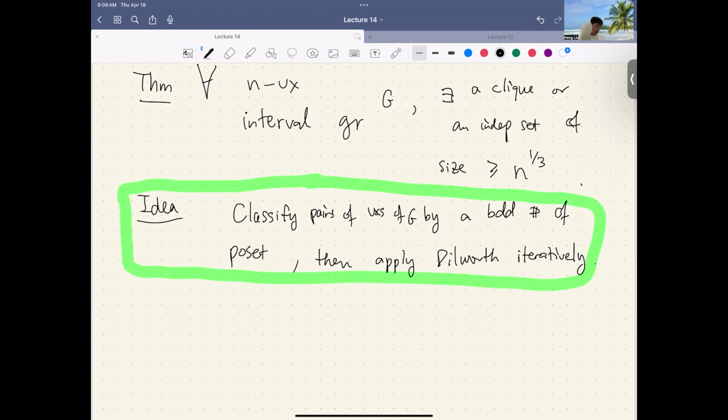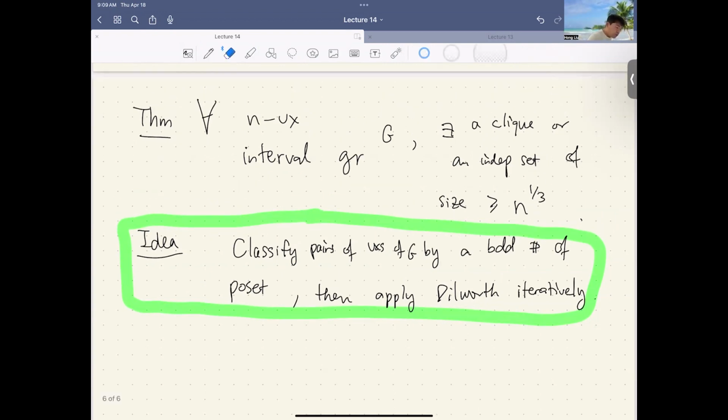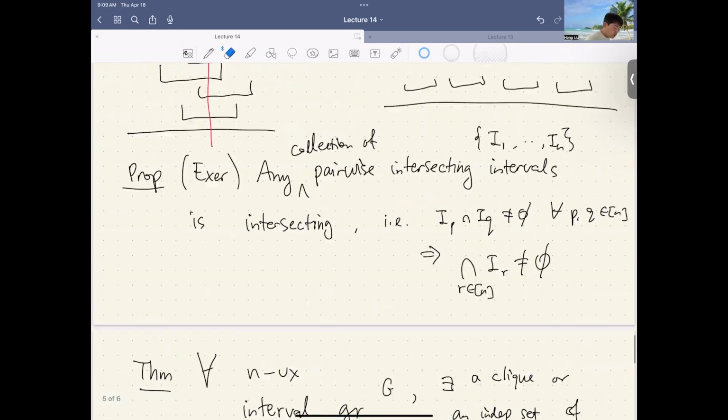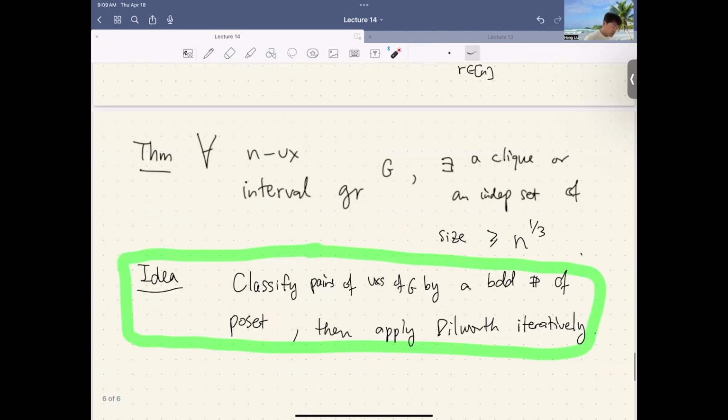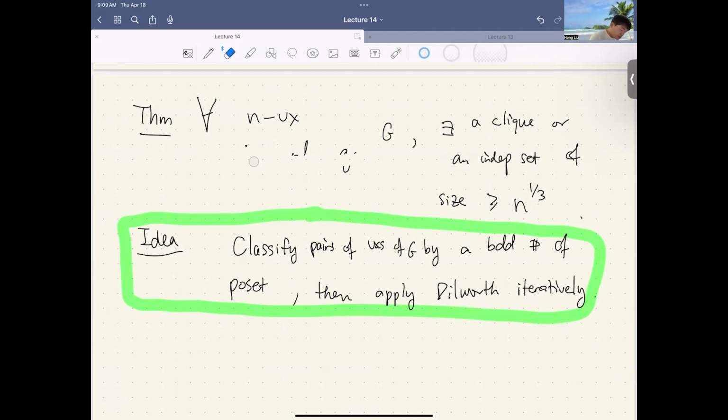So maybe writing it this way is slightly misleading. What I wrote here is correct, but I don't want to classify the edges of G. I classify pairs of vertices. So let me rewrite this weaker statement in terms of intervals, not in terms of its intersection graph. It's the same thing, but I think writing it a different way is slightly better. Let me rewrite it.